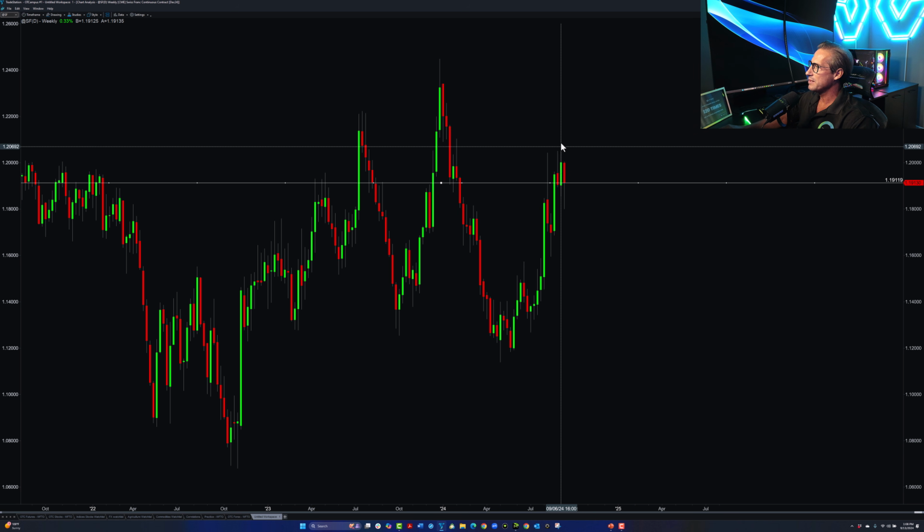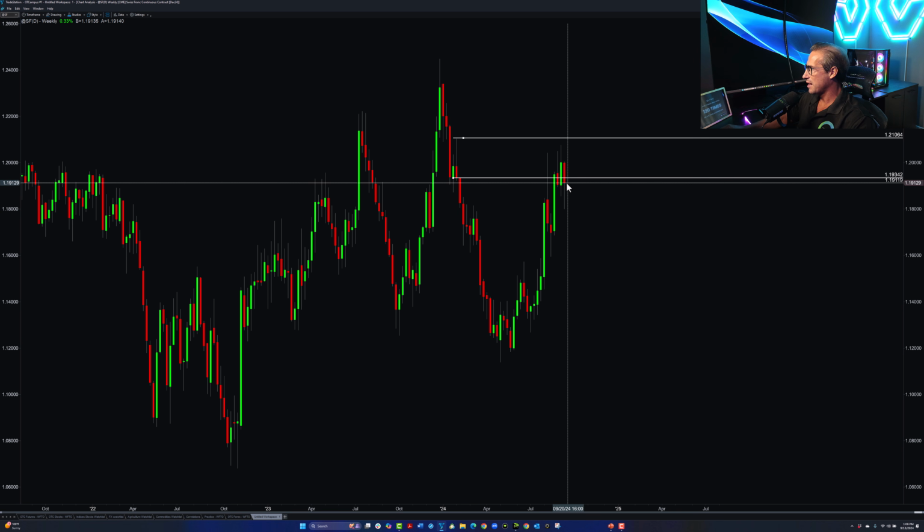So we go up and left, and you see we had a supply zone here, a drop-base-drop. We had a supply zone here, but that supply zone has been violated already. It's right now going out from that supply zone, but has been violated, you see, way more than 25%. It's almost like 80% or close to 90%.